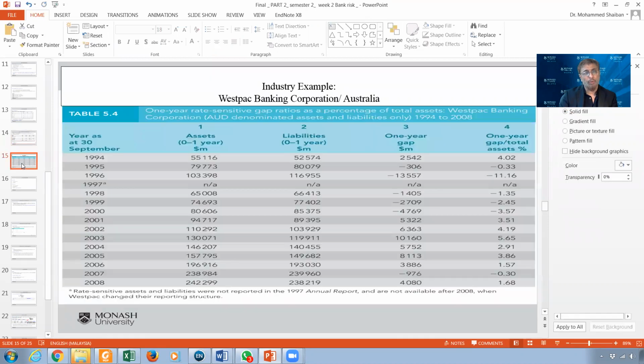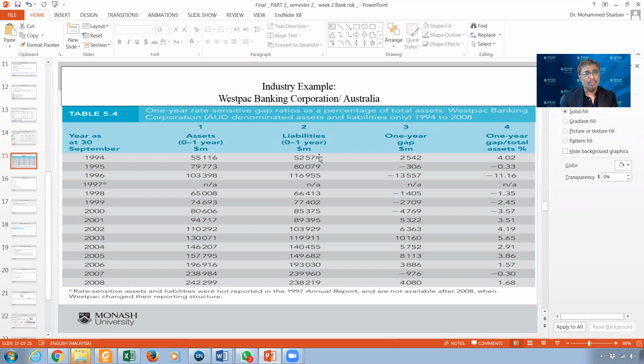I told you before that they have what we call the Westpac and all those banks. For example, this is Westpac, one of the big four in Australia. And what they do, they report. And this is actually one of their calculations from 94 to the year 2008.